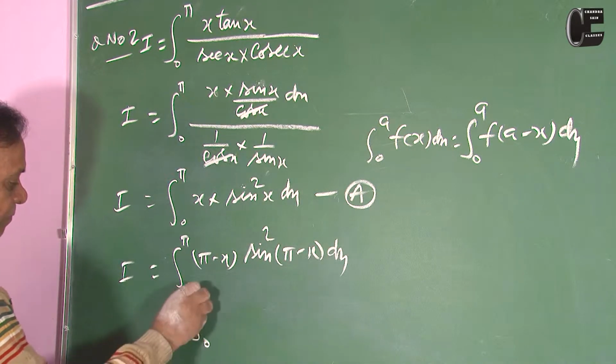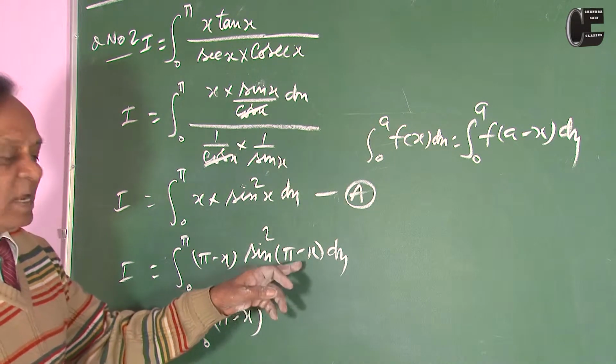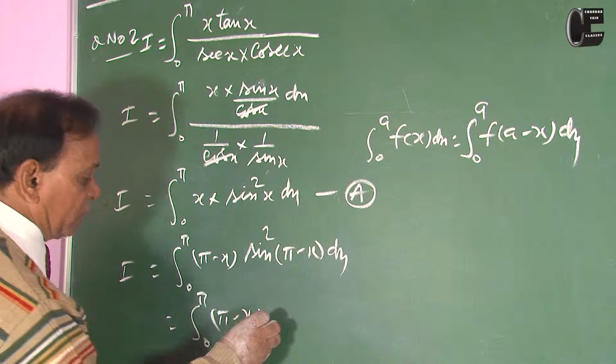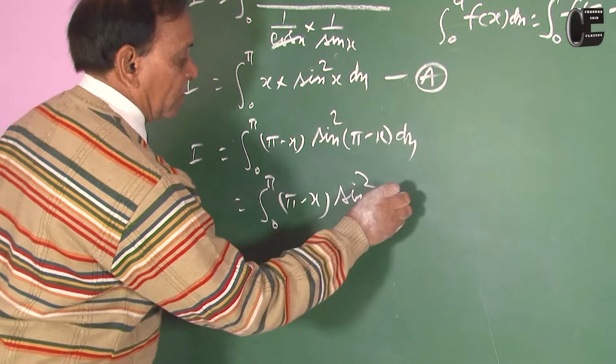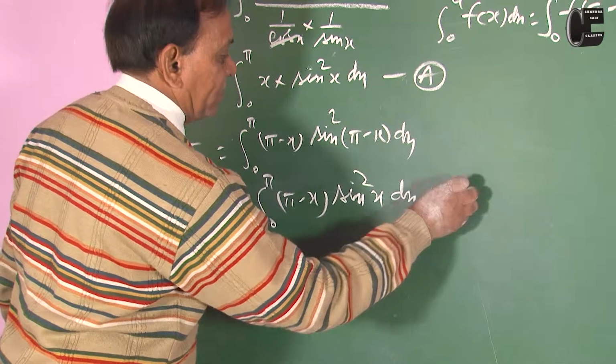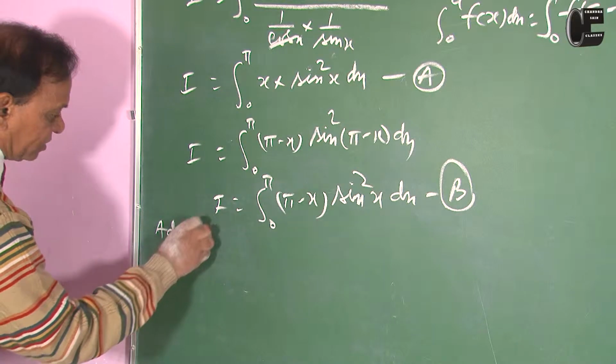0 to pi, pi minus x. We know that sin(pi minus x) equal to sin x, therefore its square will be sin square x dx. Suppose this as b. Yes, and a plus b.